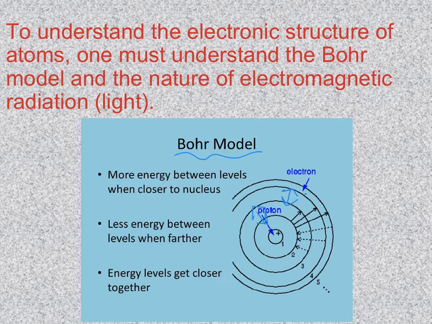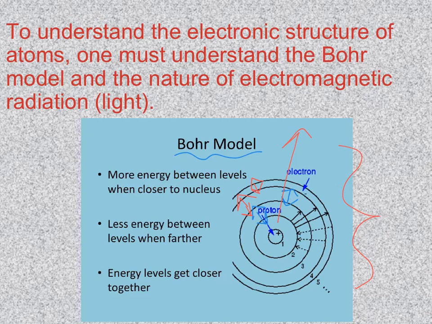One of the things that we have found out, and I want you to look at this pictorial of the Bohr model, by doing studies, is that as you get farther and farther away from the nucleus, notice that the gap between energy levels decreases. Okay, so that's an important observation to understand.